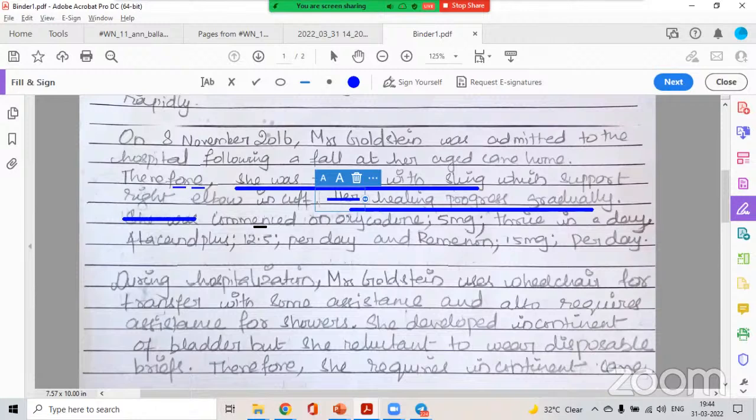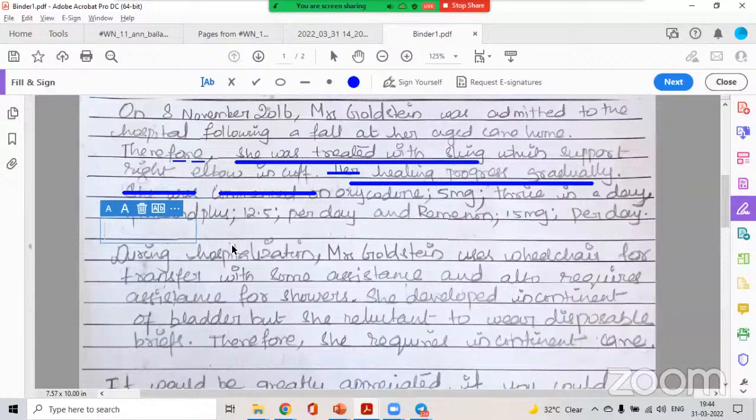Commenced on oxycodone, 5 mg thrice daily. Then next one, Remeron 12.5. So you can write like this. Why don't you write like this? Oxycodone, sorry, your handwriting.